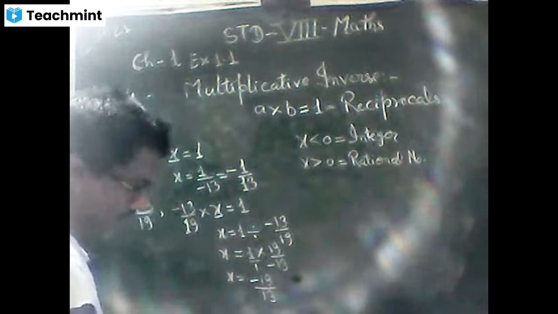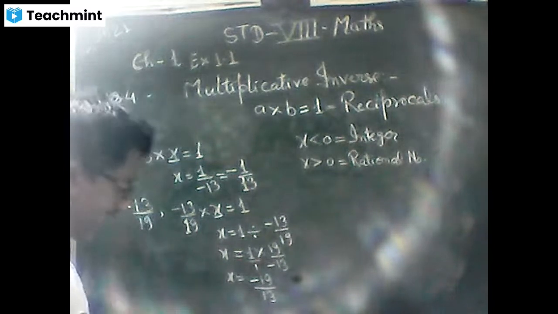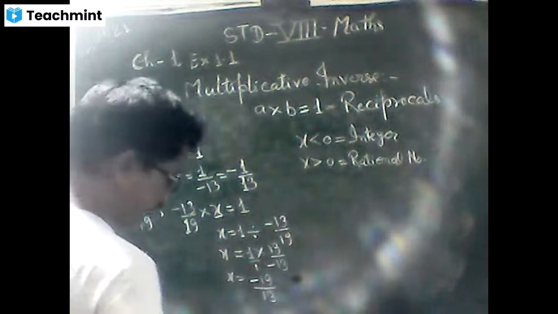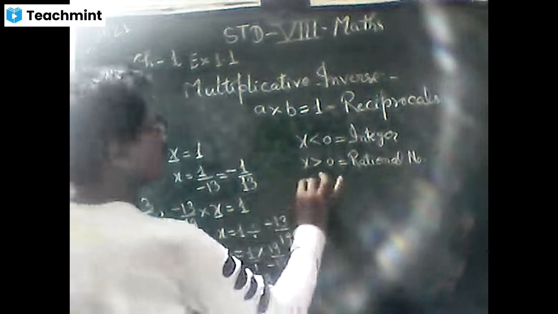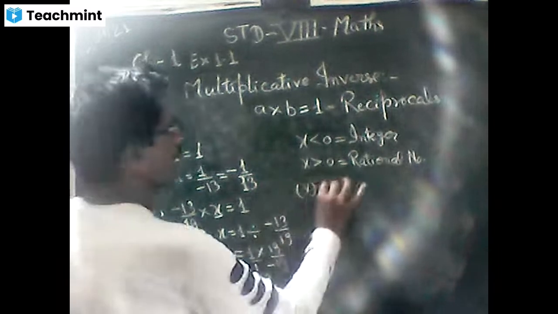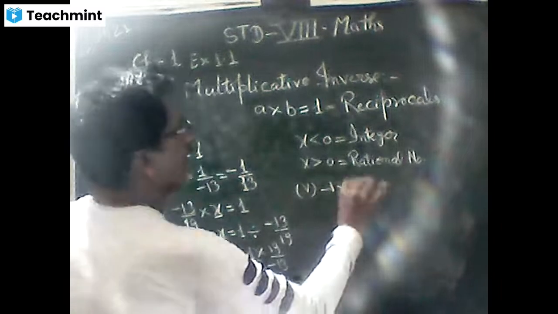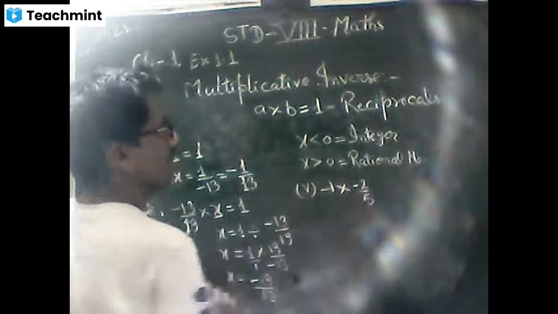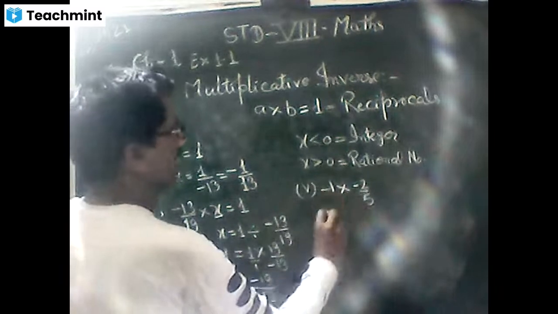In this problem it is also written, you have to solve in the same way, and now we have to try our fifth problem, that is minus 1 multiply minus 2 by 5. Then what is the reciprocal or multiplicative inverse for it?